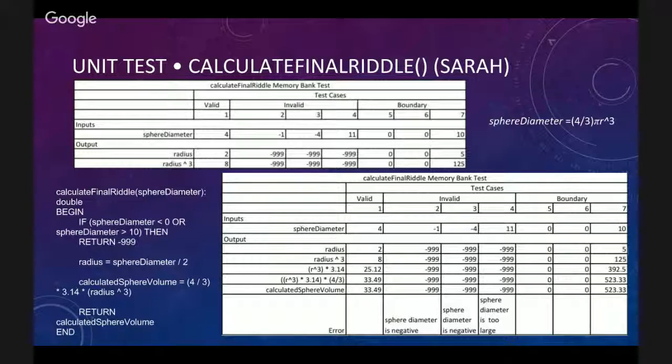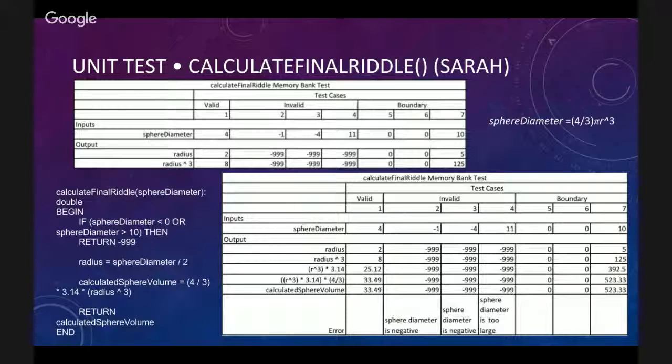The final section of the test matrix is the boundary section, which tests and delineates the edges of the boundary that we are going to be using for this particular input, which again is 0 and 10. And you'll see that any input of 0 yields 0 because there is multiplication involved in this particular equation. And 10 yields a valid output, which is good to see.